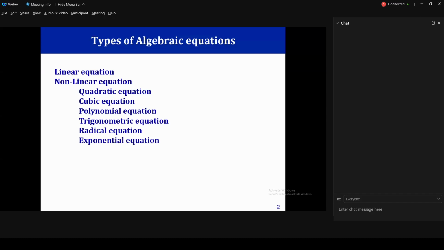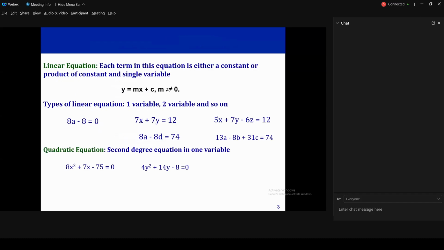So linear equations. Each term in this equation is either a constant or a product of a constant and a single variable. The classical example of a linear equation is the equation of a line, that is y is equal to mx plus c, where c is constant, m is also constant, and x is a variable.